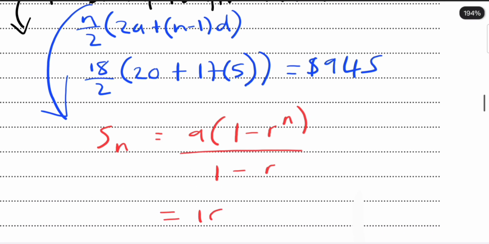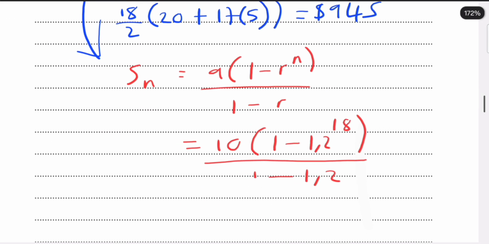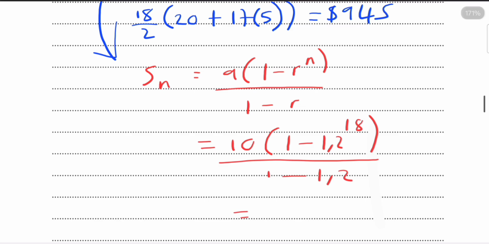Our a is 10, 1 minus r to the n, that's 1.2 to the power 18, over 1 minus 1.2, and this gives us 1281.16, right?